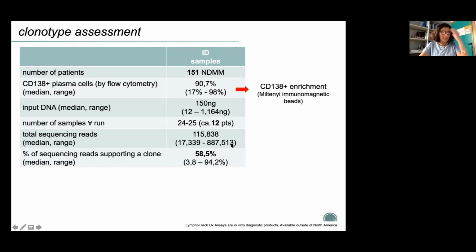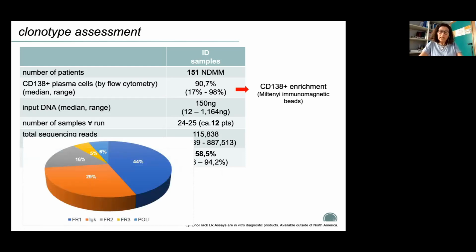evaluated by 2 sets of primers, and the median percentage of sequencing reads supporting a clone was 58%, ranging from 3.8 to 94%. Most cases were successfully characterized by FR1 and IgK sets of primers, whereas 6% of patients' samples resulted polyclonal, and therefore those patients cannot be monitored during follow-up.